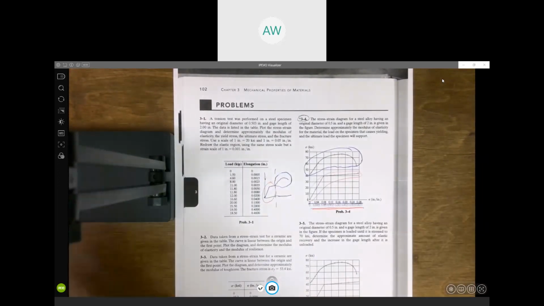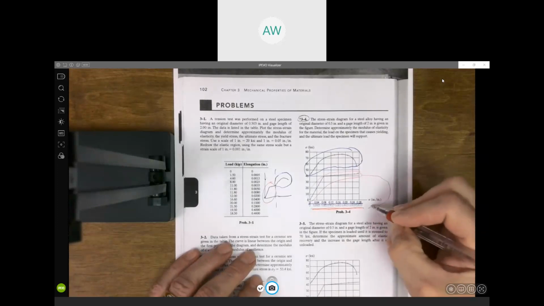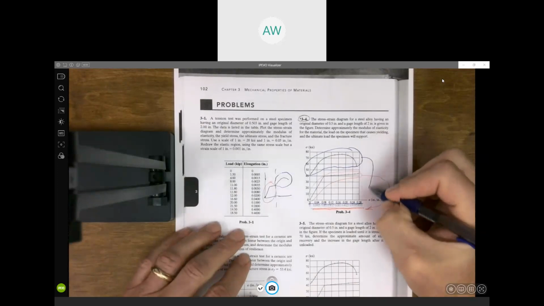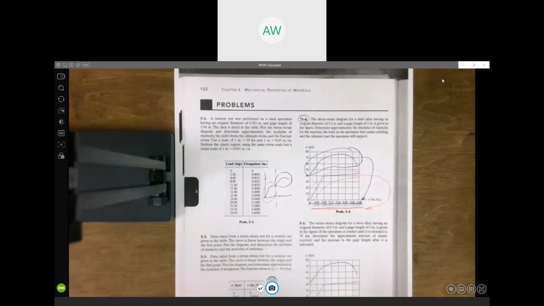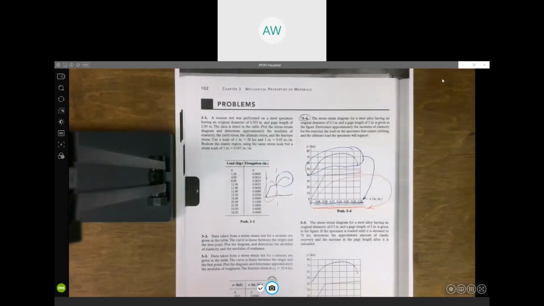All right, so those correspond to those numbers, and this part of the graph corresponds to those numbers. But is that clear? Everybody understand? This is actually one of your suggested problems.